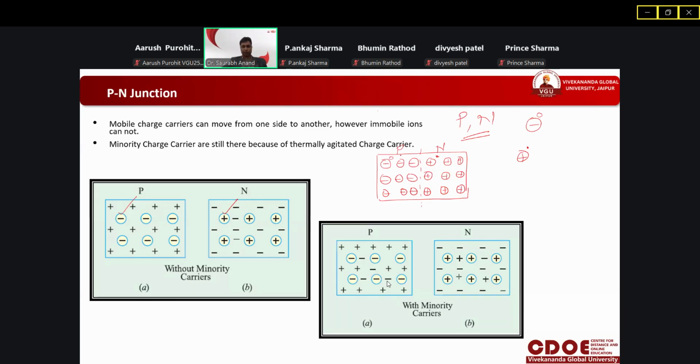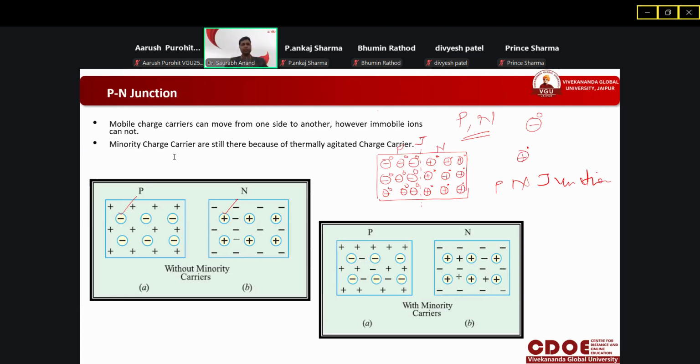So we will draw holes here like this. These are the holes of p-type, and these are the electrons. Okay, so whenever we join both of the materials, it will become a p-n junction. Junction means where two things are meeting. So this is the junction J where both are meeting.